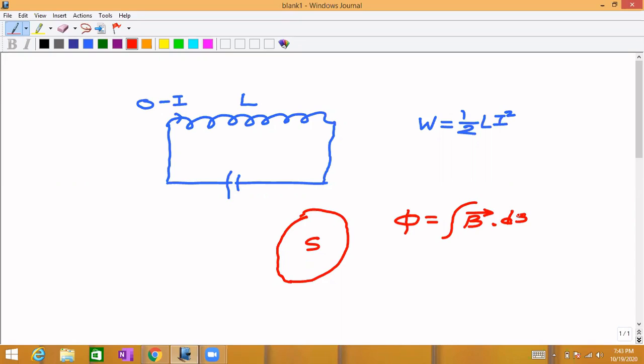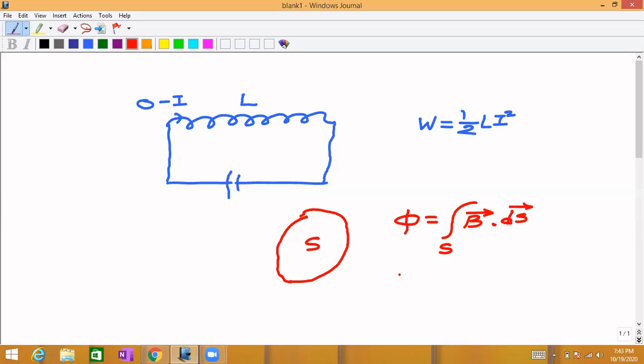The surface integration of B vector has to be carried out over the entire surface of the loop. Do you understand? Yes sir. Okay, nice.